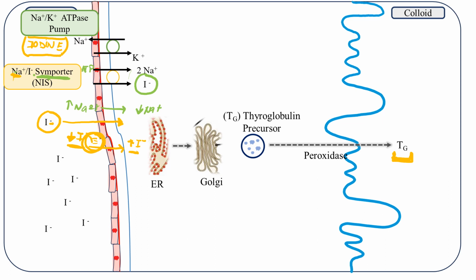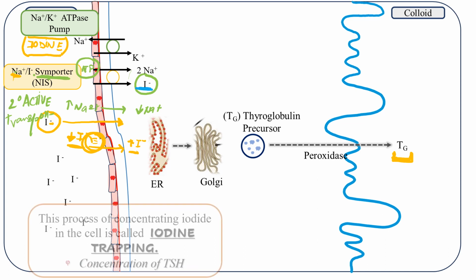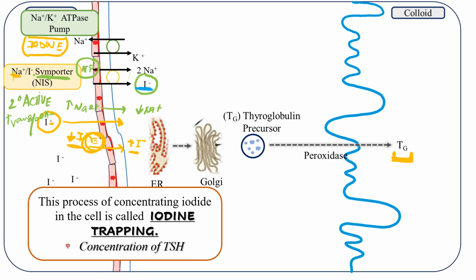So when it is using ATP indirectly, this kind of transporter is called a secondary active transporter, right? So once this iodide is inside the thyroid follicle, it would want, okay, before that, the concentration of iodide inside the thyroid follicle is what we call iodine trapping. So this is another step in thyroid hormone synthesis, that is iodine trapping.